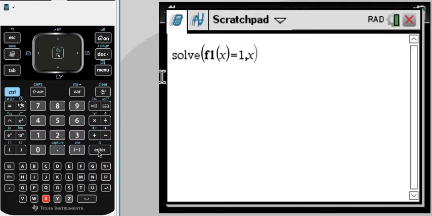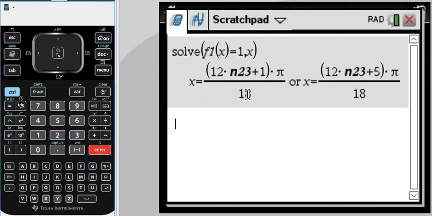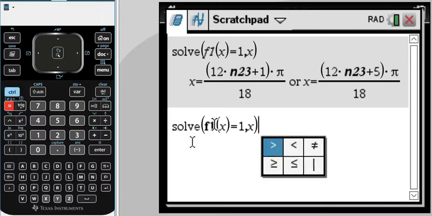When I hit enter here, it looks a little odd. This is the general solution to this particular equation. I only want specific solutions, so to get constraints, I can go back and copy that over again, and outside the parentheses, I'm going to add, right on this menu here with the inequality signs, this vertical line.